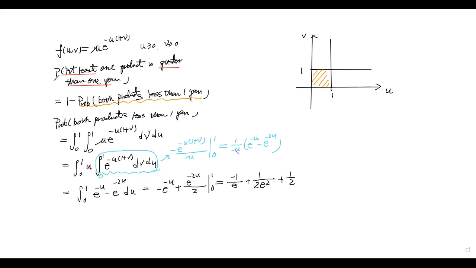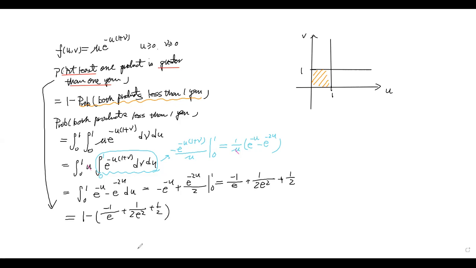So the total probability is 1 minus that: 1 minus the negative e^(-1), plus 1/2 e^(-2), plus 1/2.